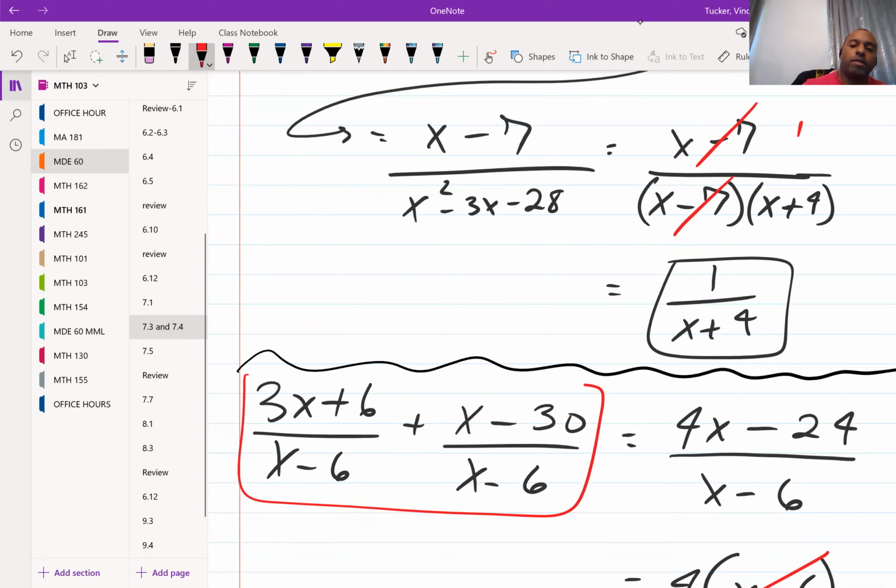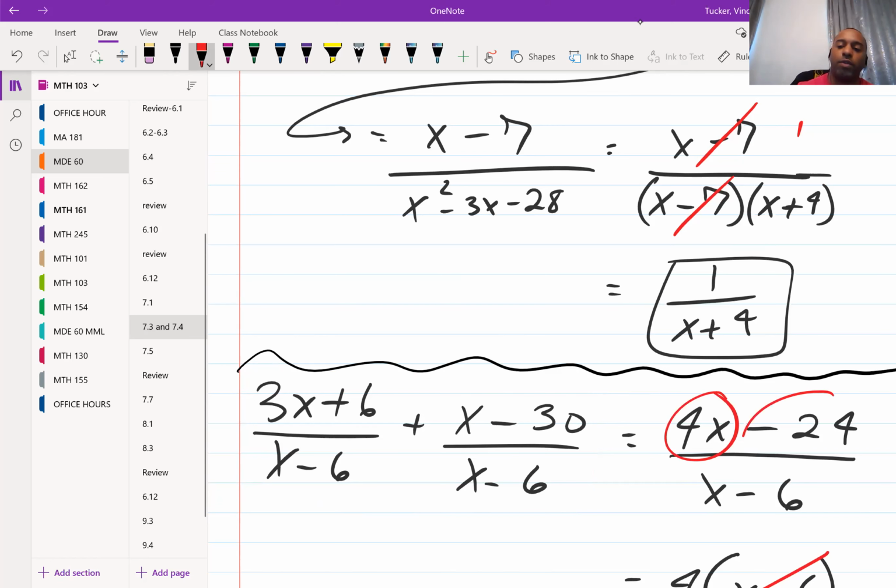All right, here is the original problem: 3x plus 6 over x minus 6, plus x minus 30 over x minus 6. Once again, we have common denominators, so we can just add our numerators together. We'll add like terms: 3x and x is 4x, and 6 and negative 30 is negative 24.